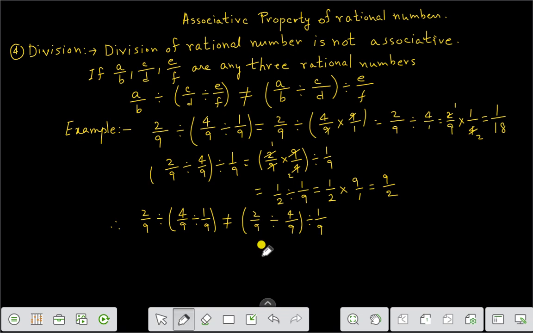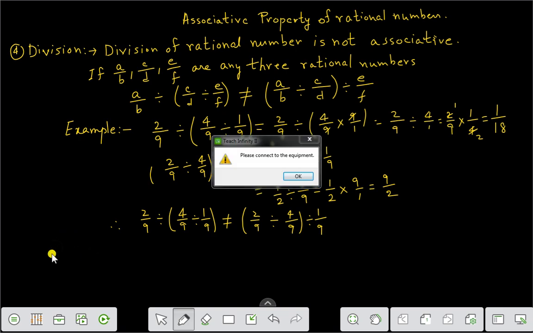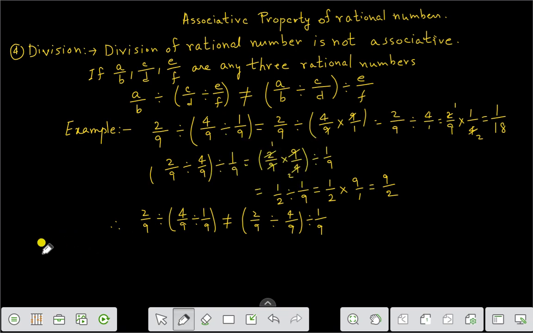Not equal. Therefore, we can say that associative property is not true for division of rational numbers.